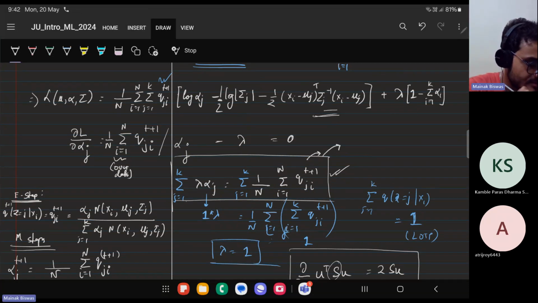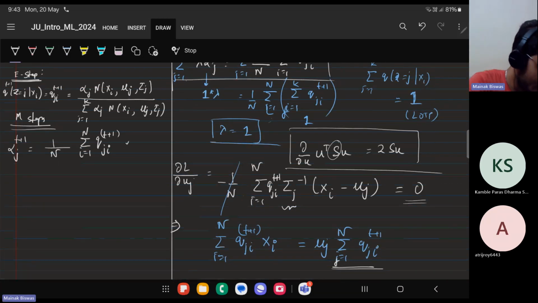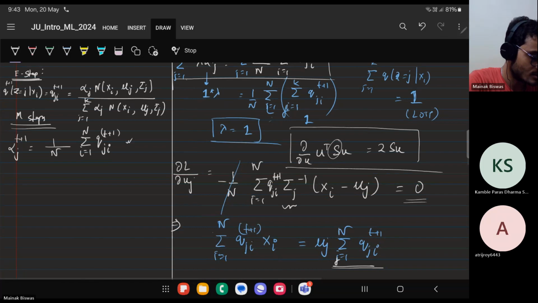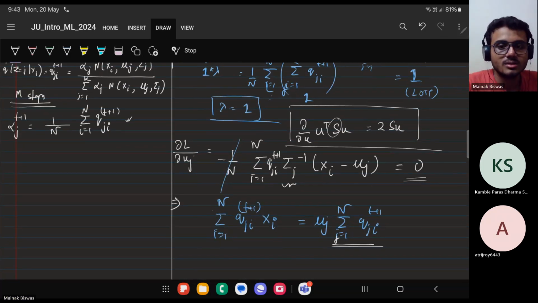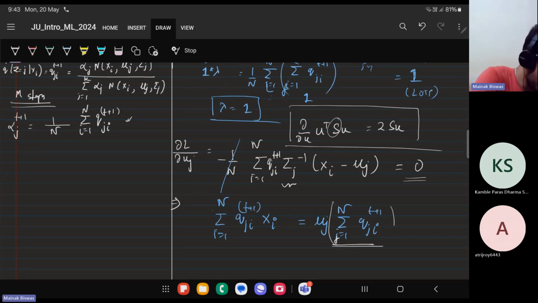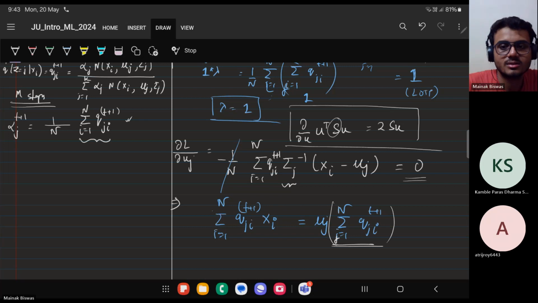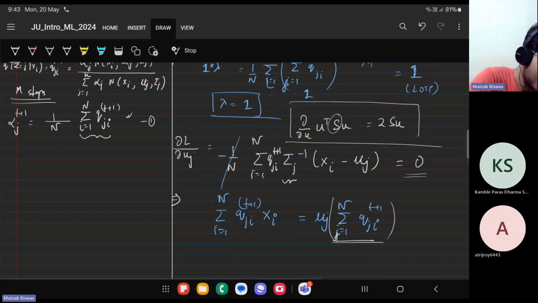From this equation, you can tell me the value: the summation of q on the right hand side of this equation will become n into alpha j.